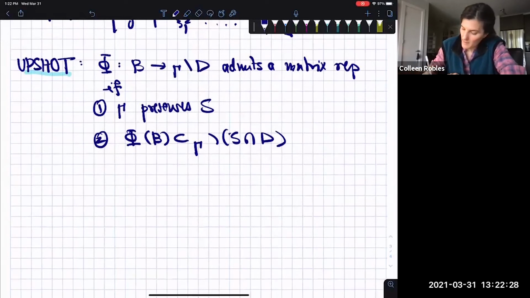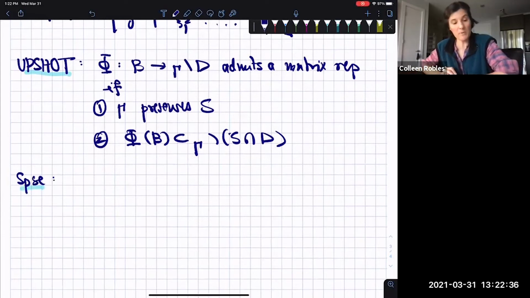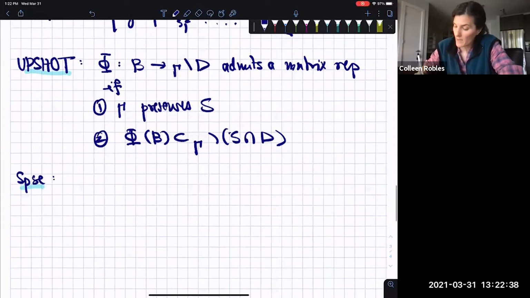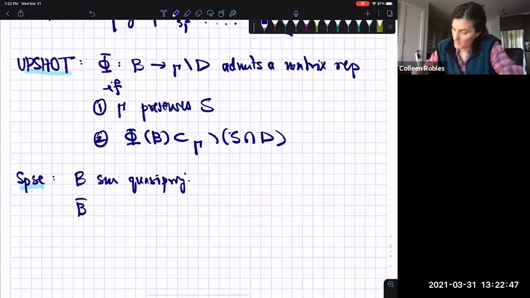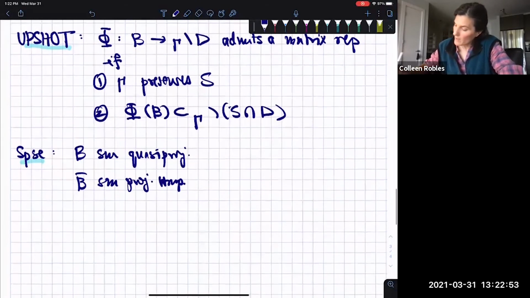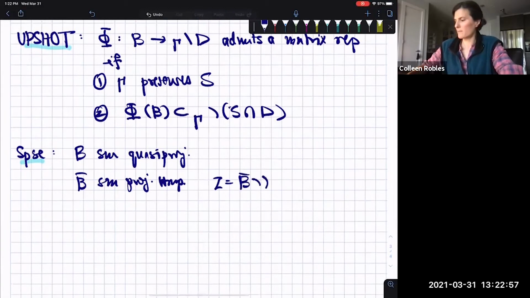So let's suppose now, I haven't been really precise about this notation, that B is smooth and quasi-projective with a smooth projective completion and normal crossing divisor at infinity.